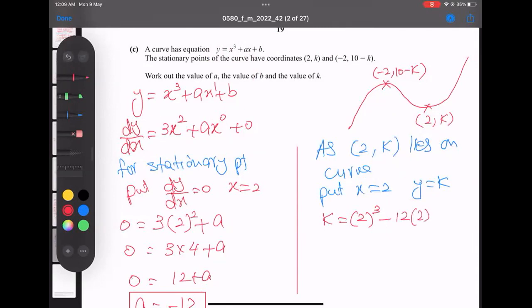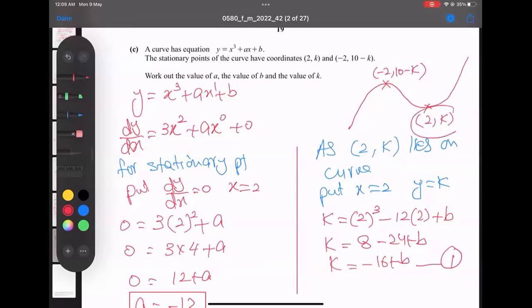And x value is 2 plus b unknown. So I'm getting k equals 8, negative 24 plus b, and k is equal to negative 16 plus b. Let me recheck. Yes, correct. I'm getting equation number 1.